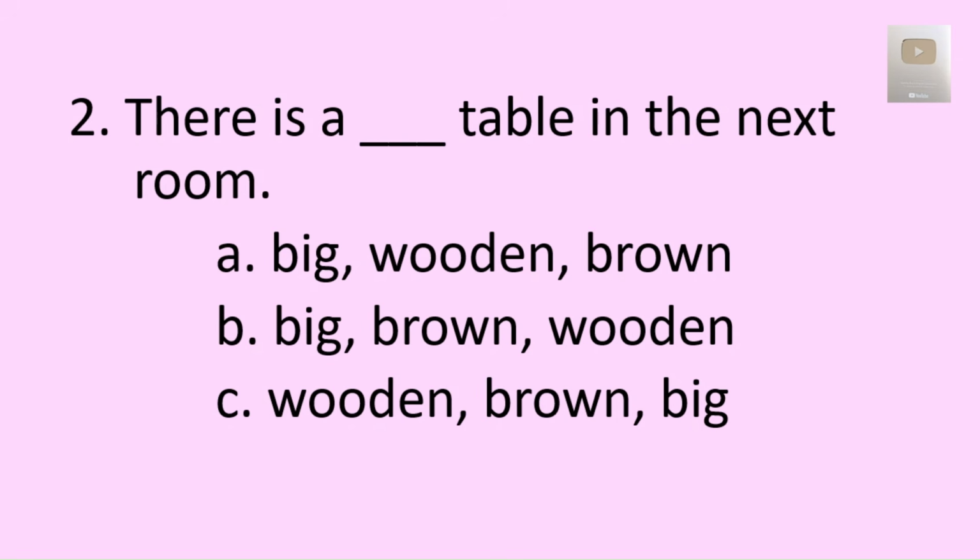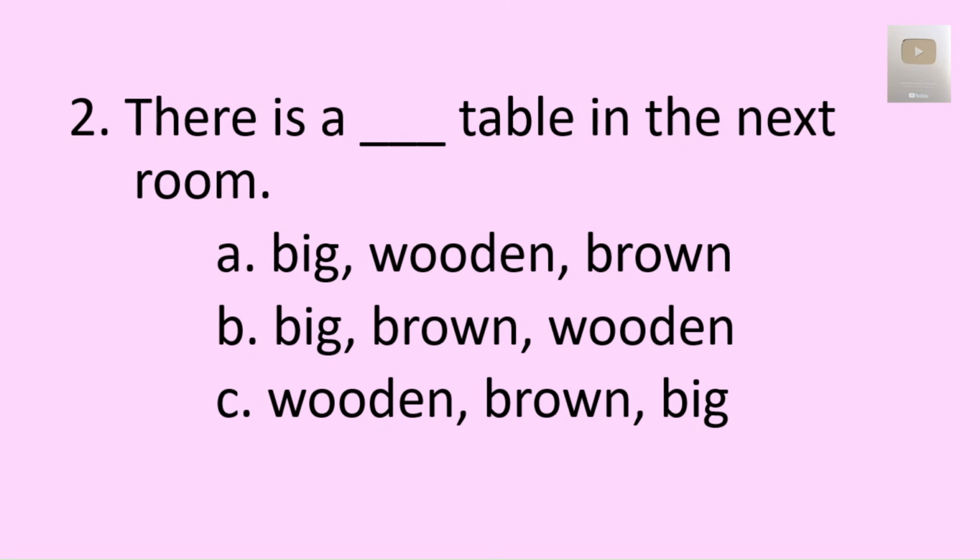In sentence number 2, the noun table is described using three adjectives. The sentence is, there is a, three adjectives, table in the next room. Now you have the three adjectives arranged in different orders.